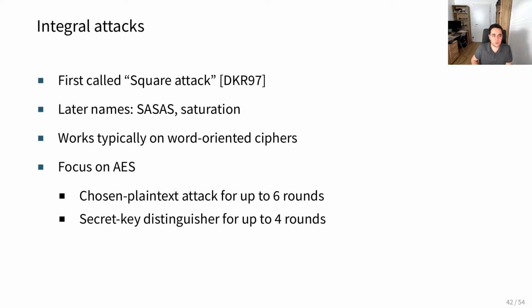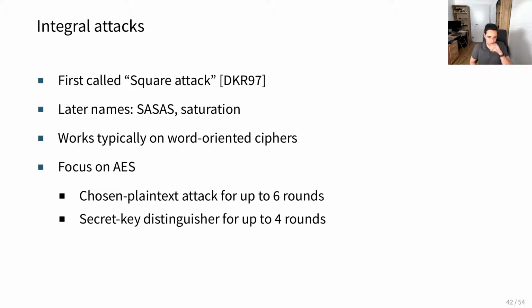Okay, so integral attacks. First they were called the square attack, and later names are, for instance, SA, SES, also saturation attacks. They're still called that way. Typically, it works very well on ciphers which are word-oriented.